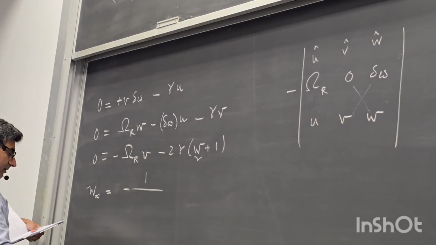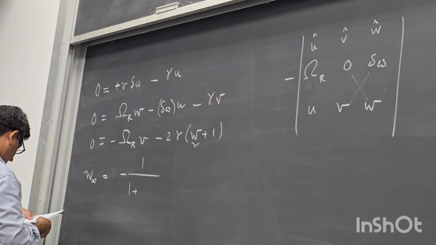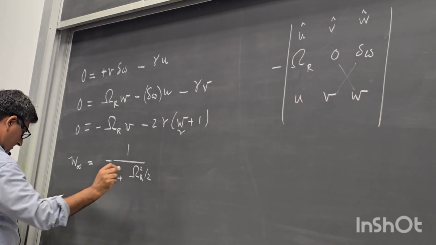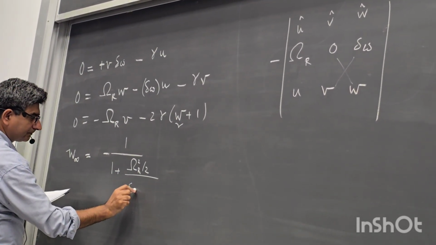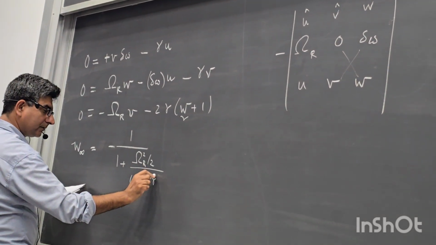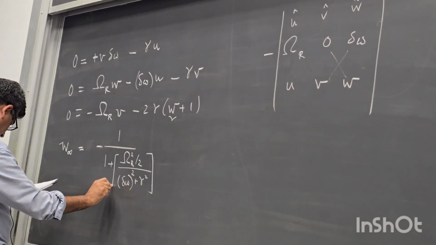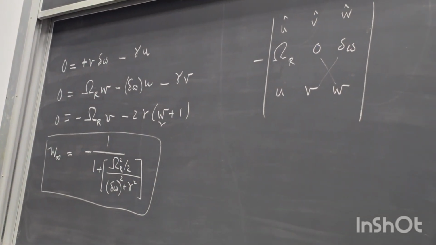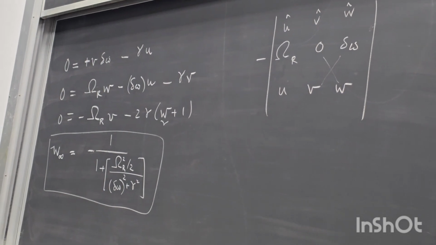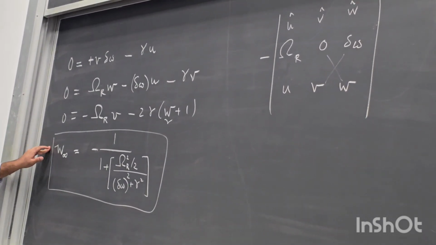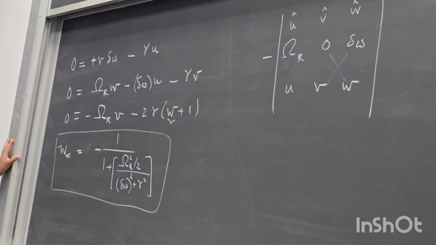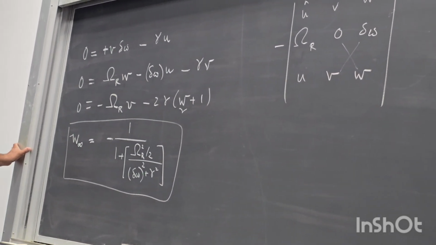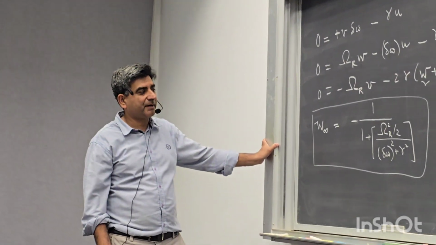Minus 1. V and W will be eliminated. There are 3 equations, so we want to eliminate V and U. You can find out the steady state value of V and the steady state value of U as well, but we are interested in the steady state value of this inversion parameter.